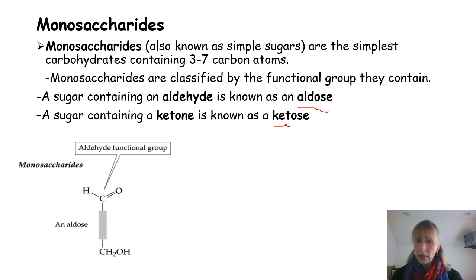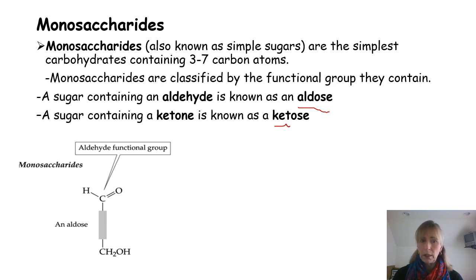So this is what we're talking about. This would be the very simplistic structure for any monosaccharide. All right. So some of them we said have aldehyde groups. All right. So here we have a monosaccharide. Okay, simple sugar, can have anywhere from 3 to 7 carbon atoms. Okay, so here we see one.